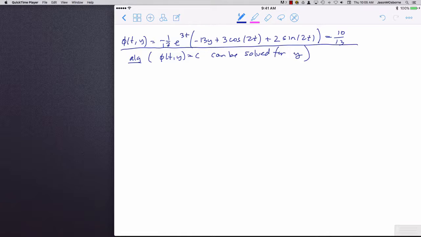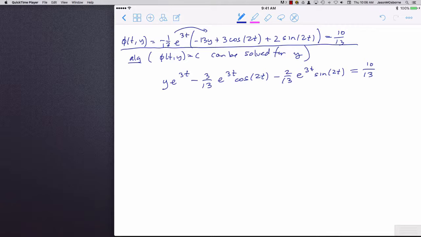So if we work through the algebra here, we'll just distribute the negative 1/13 e to the 3t through. You will get the negative 13's cancel. You get y e to the 3t minus 3 over 13 e to the 3t cosine of 2t minus 2 over 13 e to the 3t sine of 2t, and that's equal to 10 over 13.